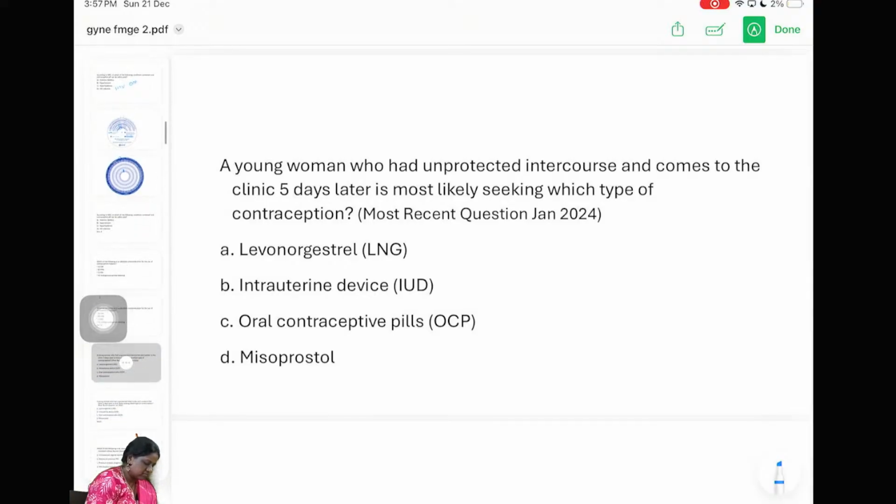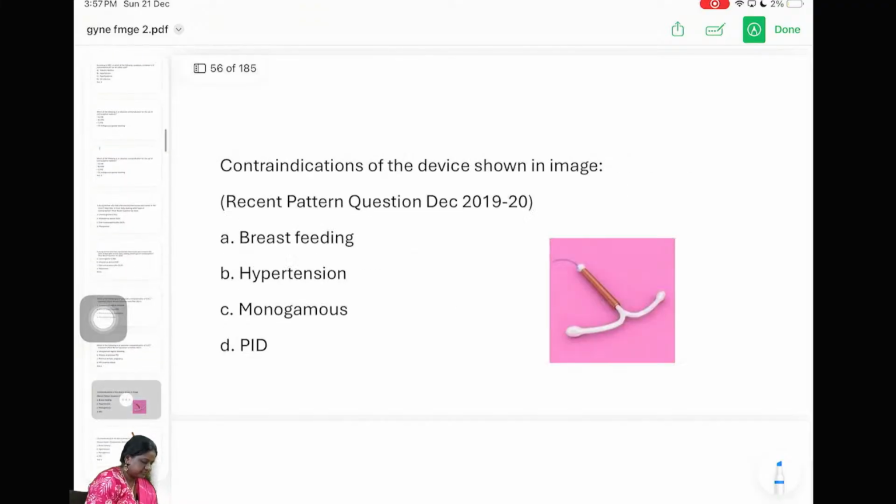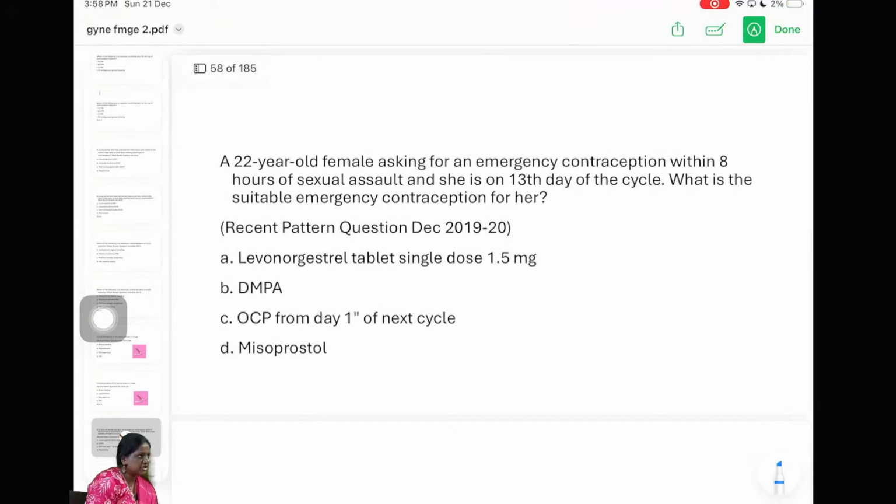Okay, good. Very good. PID, infection. Obviously, you should not give. Within 8 hours, best.